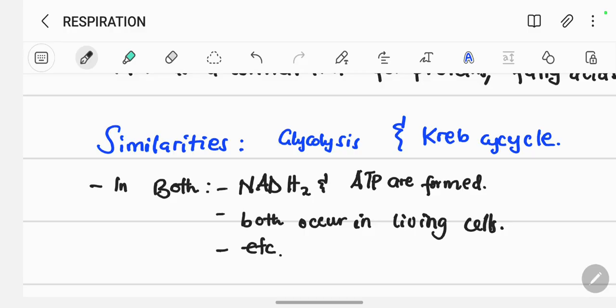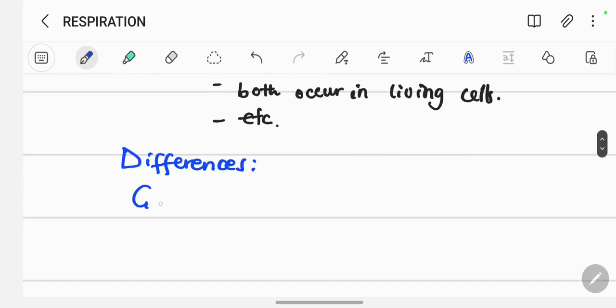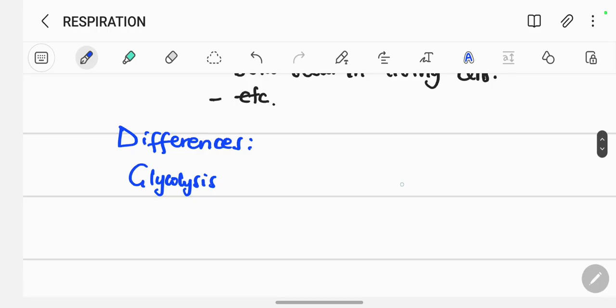What I'm going to talk about next are the differences between glycolysis and Krebs.